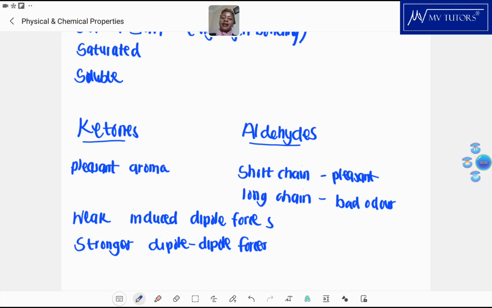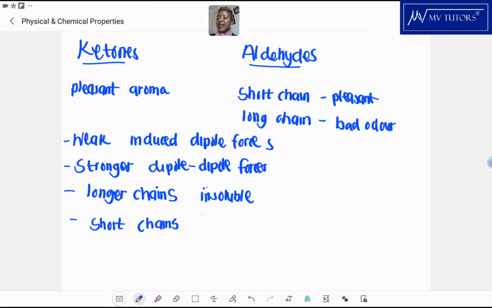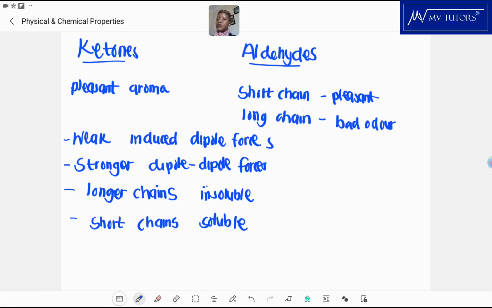For both ketones and aldehydes, the longer chains are insoluble. It's like if you put a rock in water, it's just going to sit there. But the short chains are soluble. So those are your ketones and aldehydes.